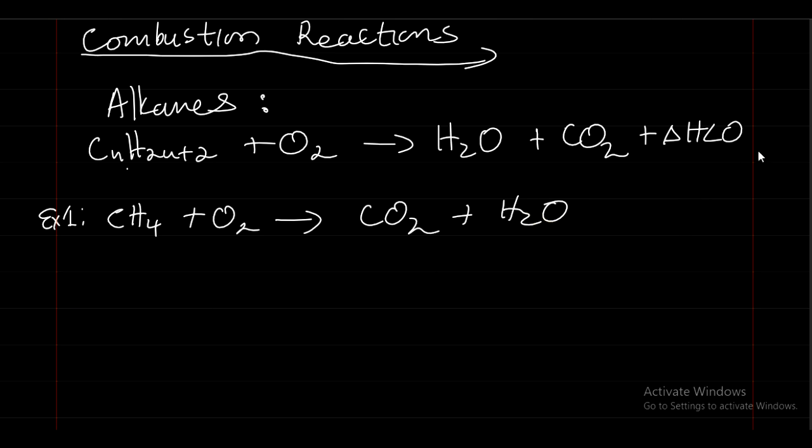Note this, you don't have to balance the heat, but you just have to write it in the end. Now we are asked to balance this equation. How do we balance this equation? We have guidelines that you can use.